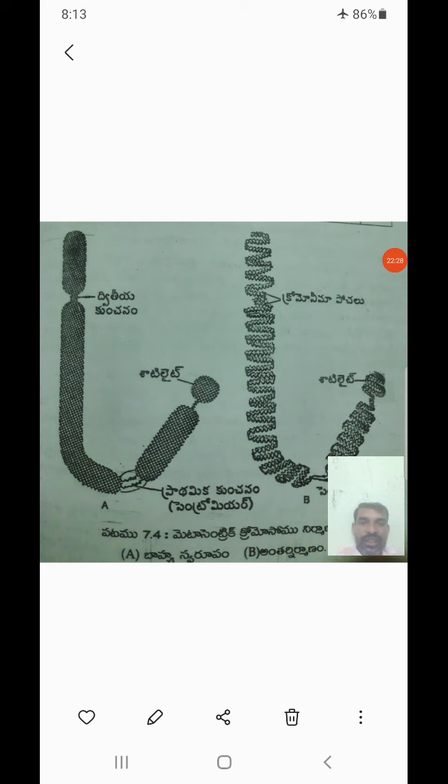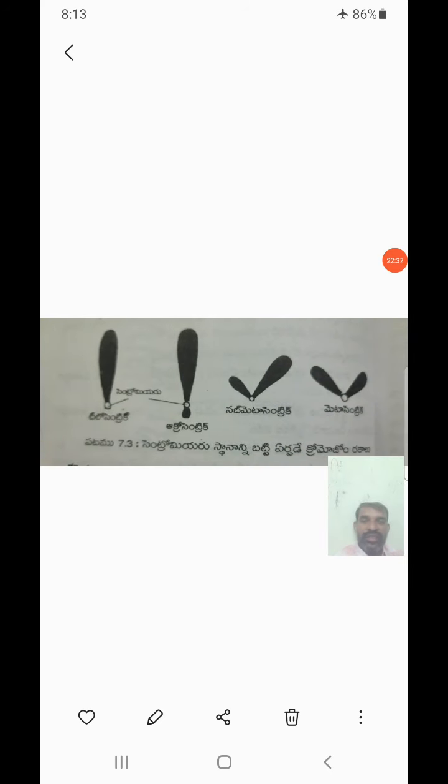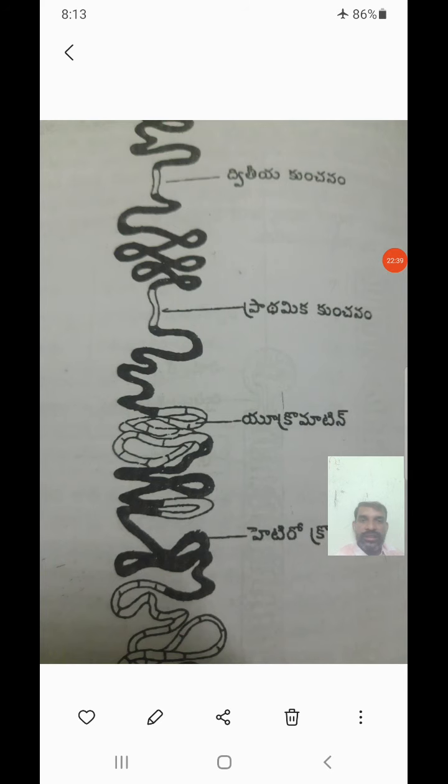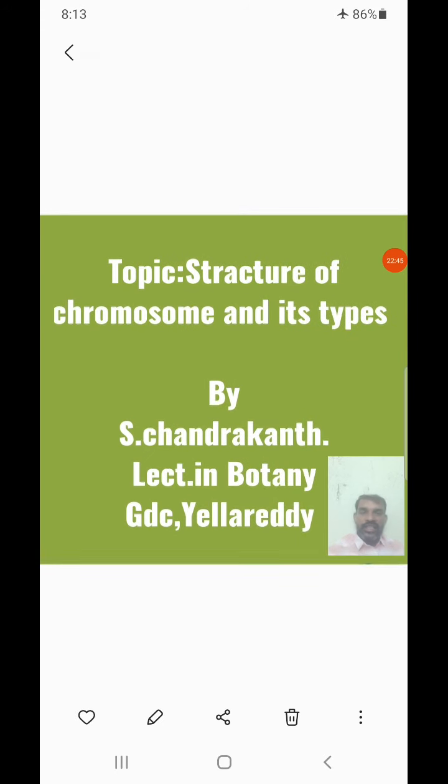On the right side we can observe chromonemata like euchromatin and heterochromatin. Okay, these are the types, clearly visible, euchromatin and heterochromatin, right? Are there any doubts? You can ask me.